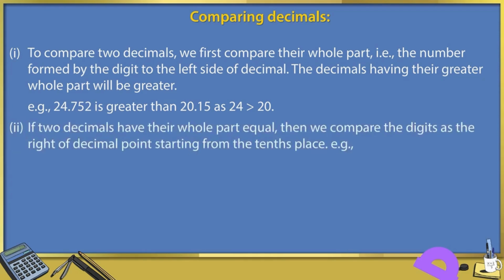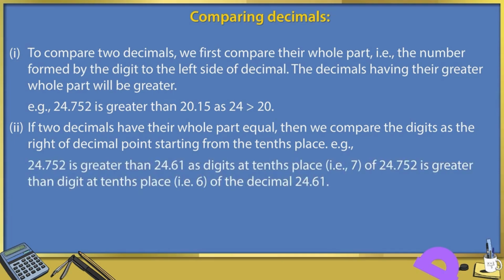2. If two decimals have their whole part equal, then we compare the digits at the right of decimal point starting from the 10th place.